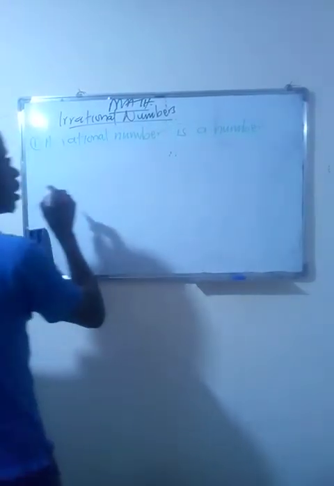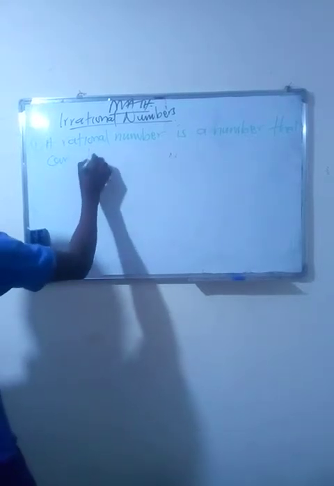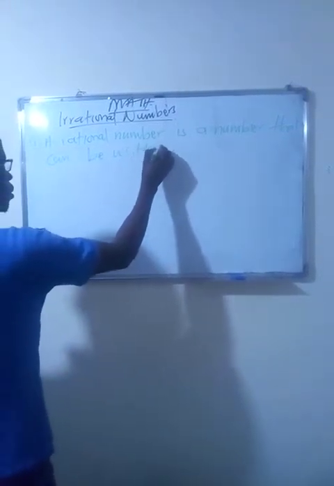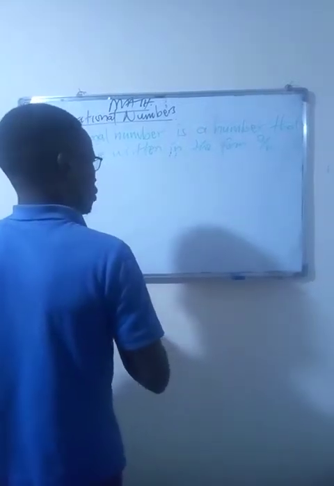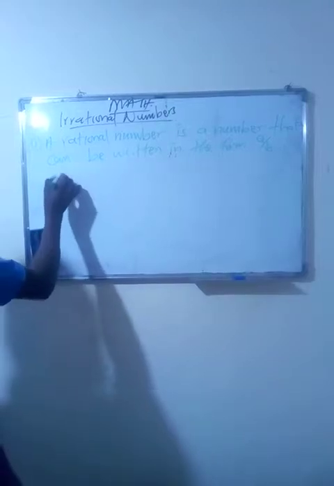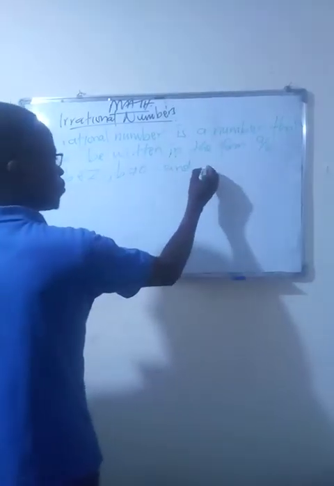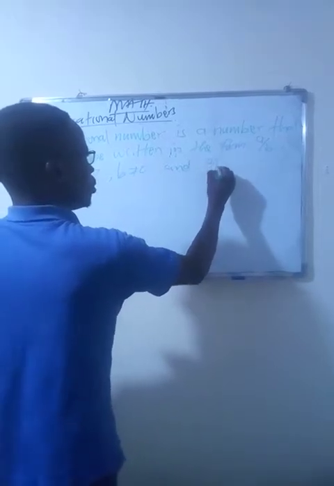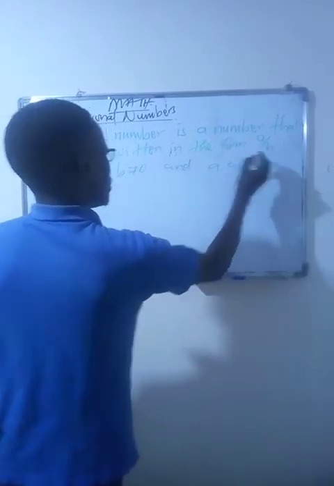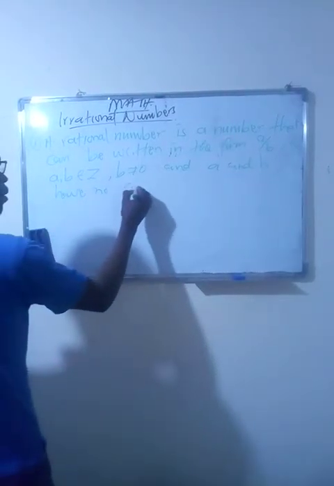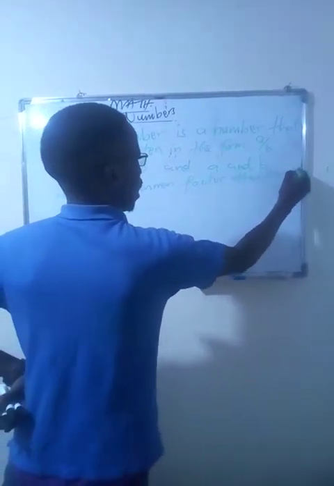that, first definition, is a number that can be written in the form a over b, where a and b are integers, right? b is not equal to 0, and a and b have no common factor other than 1, right?